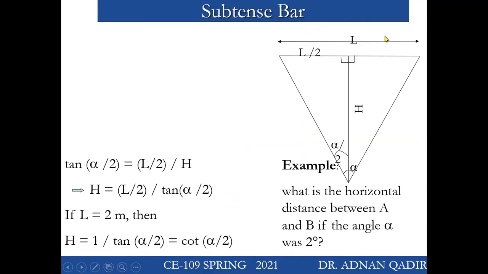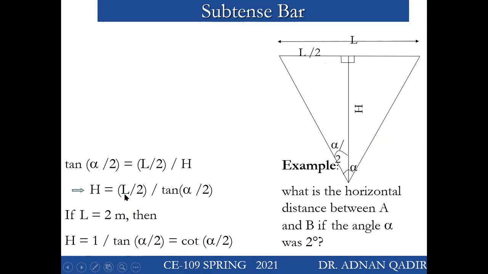So this is the length of the bar, and this h is the distance between the point of interest, the starting point, and obviously the end point or target. And this is simply, you know, this angle. So if it is say 30 degree, then alpha by 2 is 15 degree, and that's how you know L by 2, that's 1 meter, and then you know alpha, so you can find h.